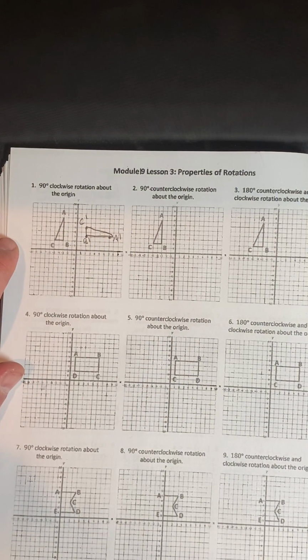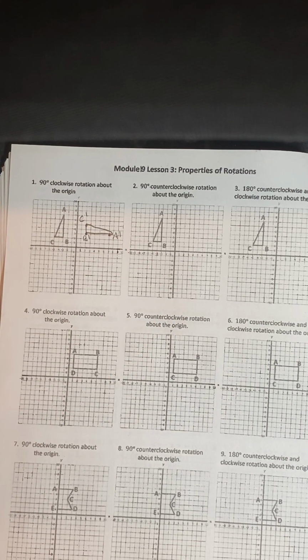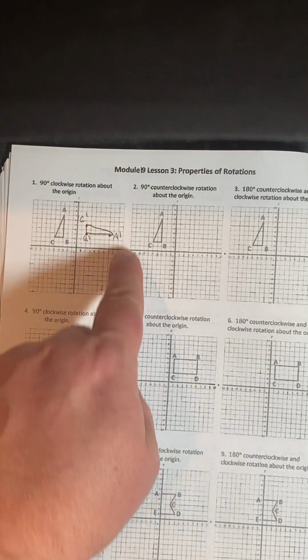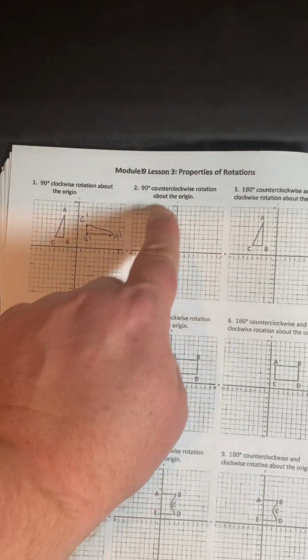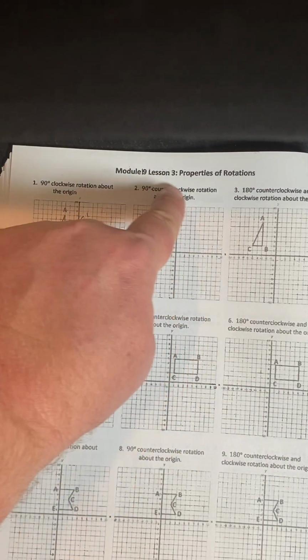Now, number 2, I'm going to show you a little trick. You'll see how this laid down. There is a nice, fun way of doing this, because number 2 says 90 degrees counterclockwise. I talked about the clock. The clock goes this way, so that's clockwise. That's the direction a clock goes. Counterclockwise means it goes the opposite direction.